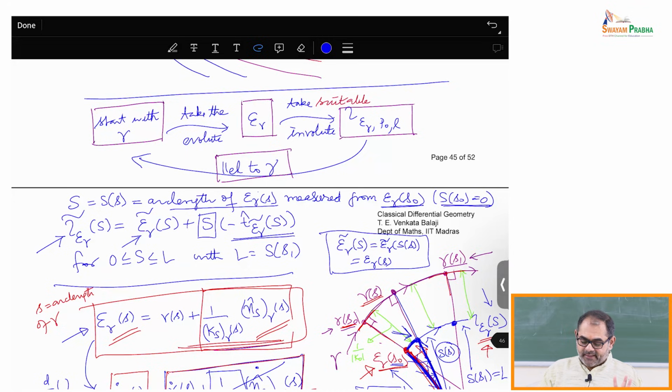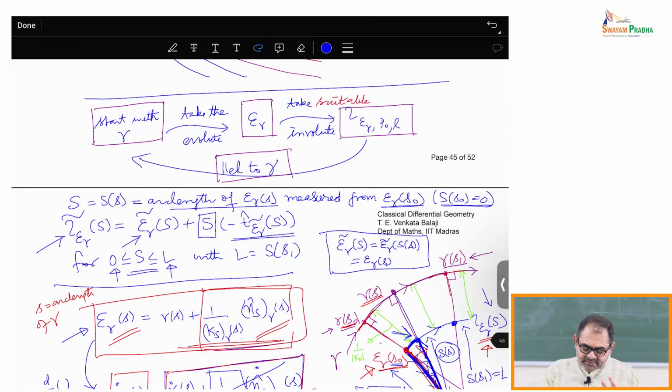So for the segment that I have considered, small s equal to s naught corresponds to capital S equal to 0, and small s equal to s1 corresponds to capital S equal to L. And therefore for this capital S from 0 to L, I am writing down the equation of the involute of the evolute.